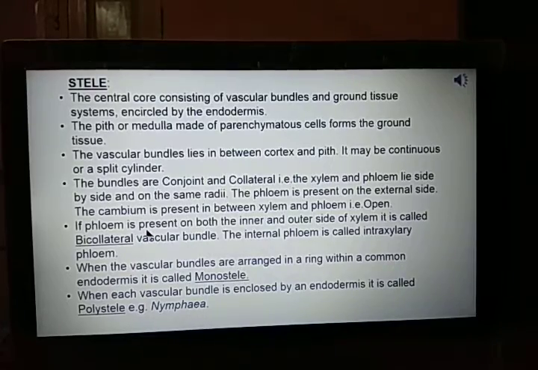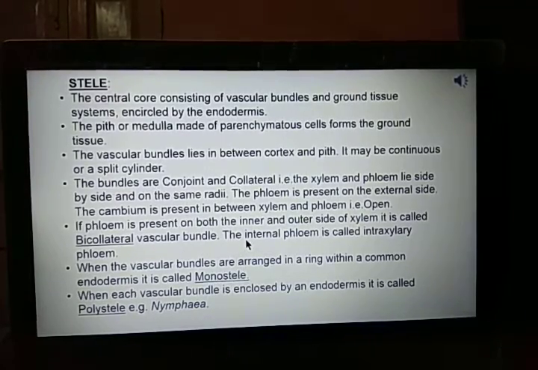Sometimes, as in the Cucurbita stem, the phloem is present on both the inner and outer side of xylem, so it is called bicollateral vascular bundle. There are two patches of cambium as well in Cucurbita.